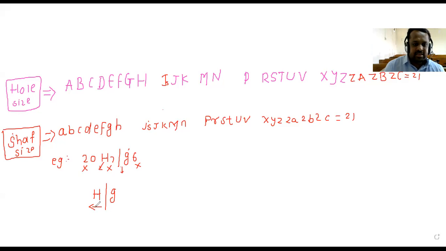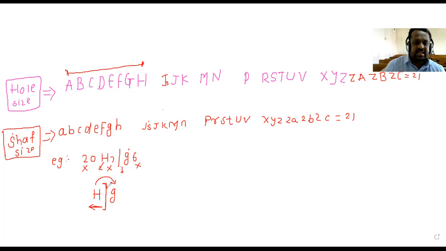If the left side of this slash line has any letter between capital A to capital H, then to identify the fit we have to go to this side.